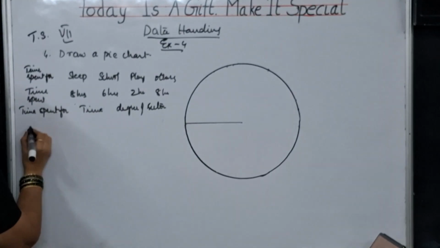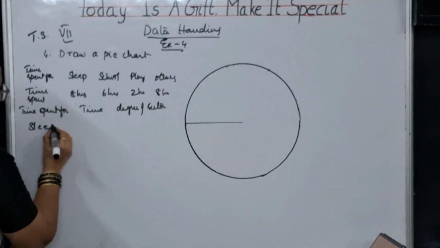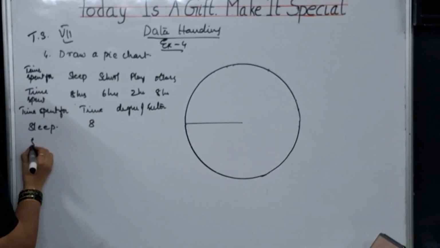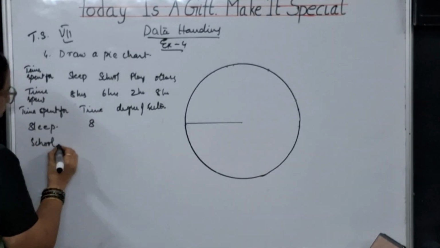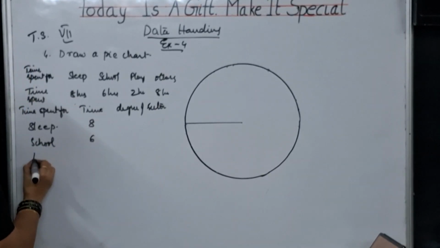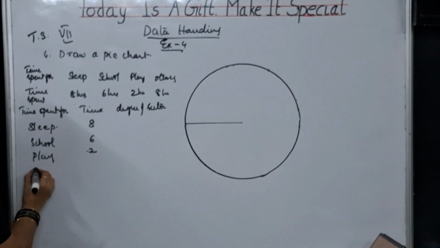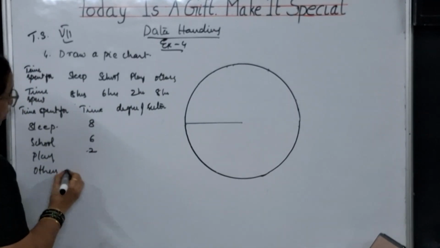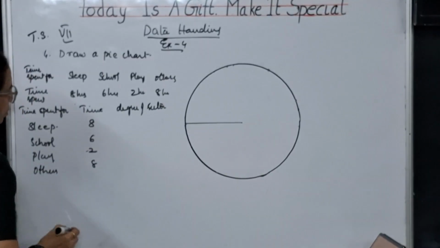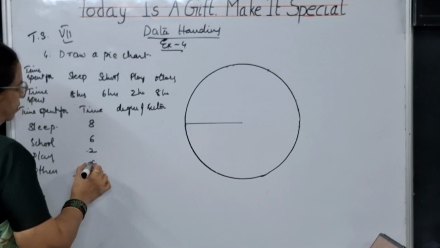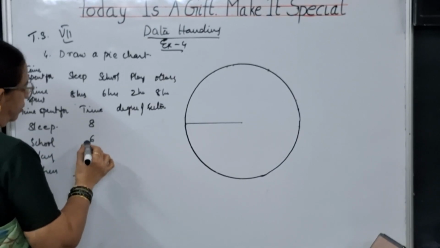Time spent for sleep 8 hours, school 6 hours, play 2 hours, others 8 hours. So first find out the total. This is 16, 18, 24.